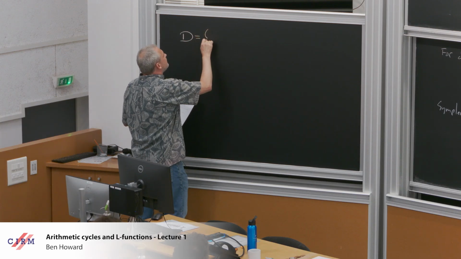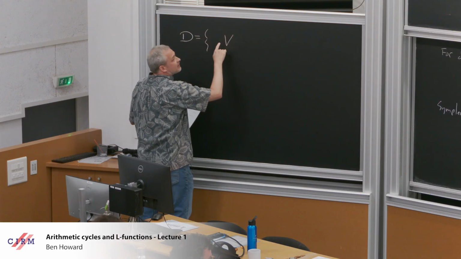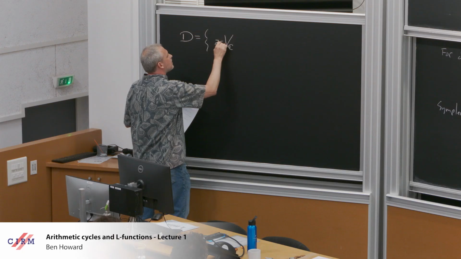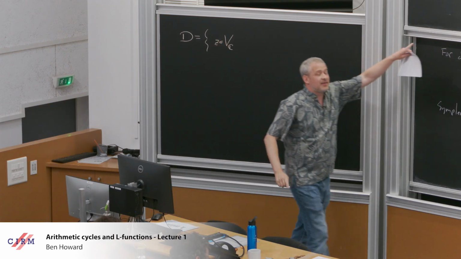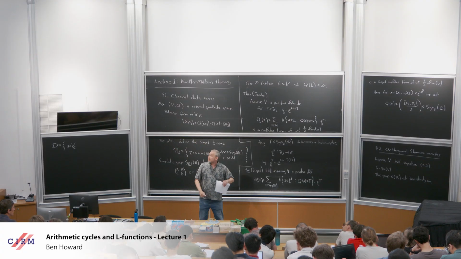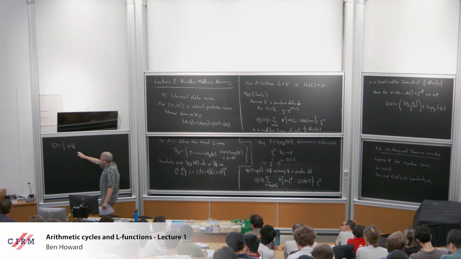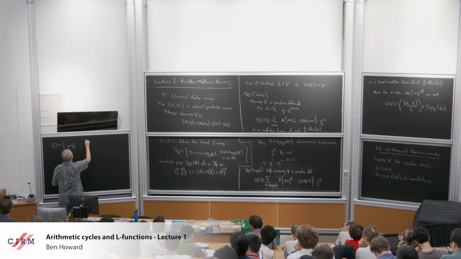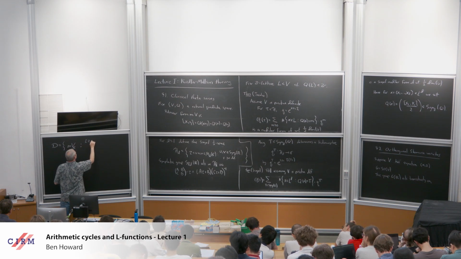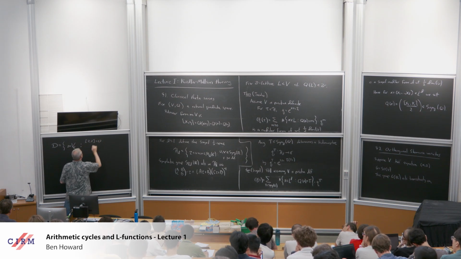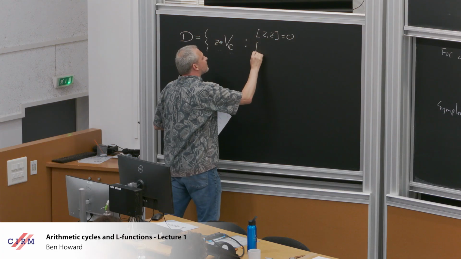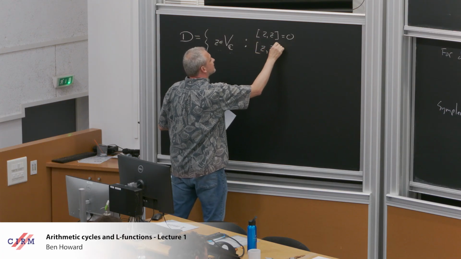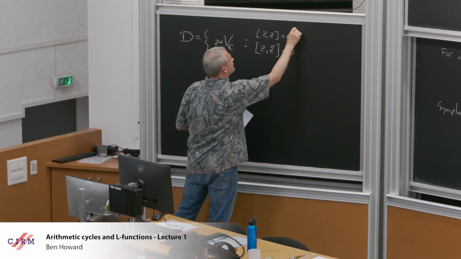So we take our quadratic space, we complexify it, extend the bilinear form to a C-bilinear form on the complexification, and look at all the vectors Z that are isotropic and have the property that the pairing of Z with its complex conjugate is negative.